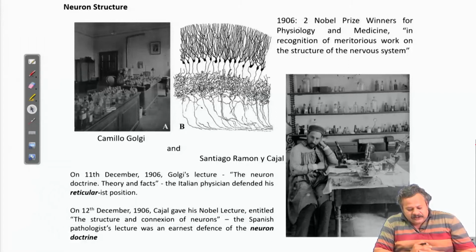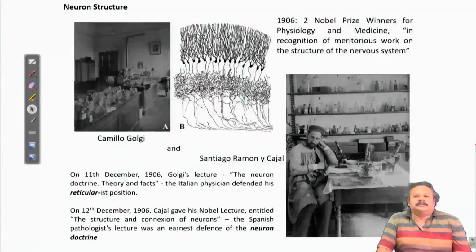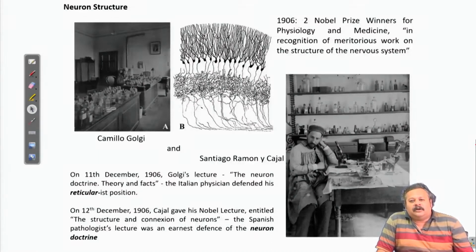So that is what Ramon y Cajal showed in his Nobel lecture about the neuron doctrine.